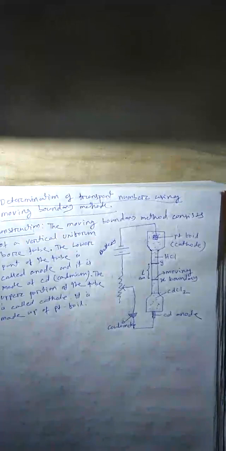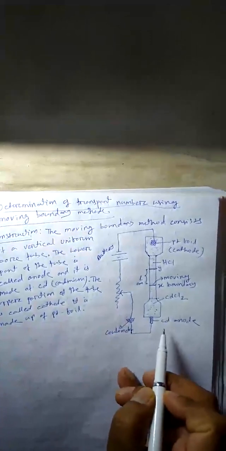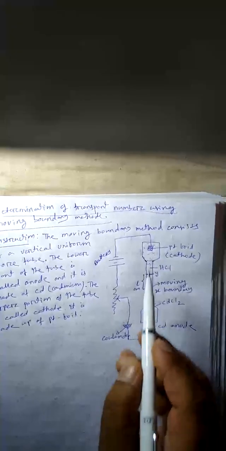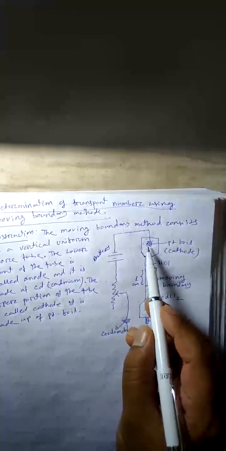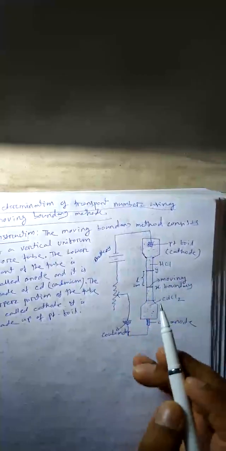The lower portion is called the anode, made of cadmium. The upper portion is called the cathode, made of platinum foil.